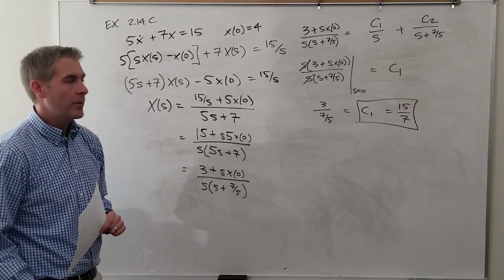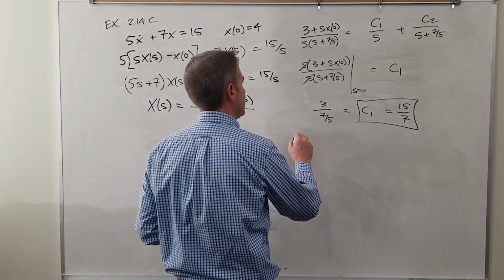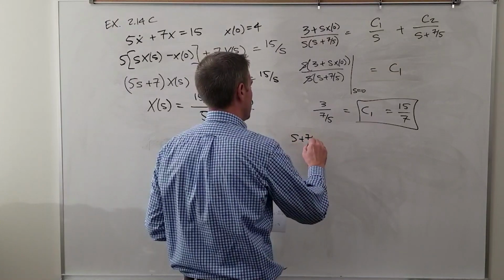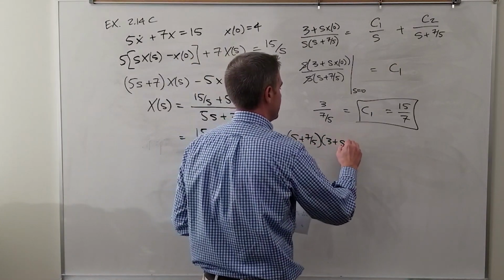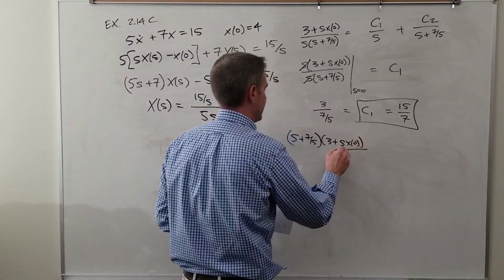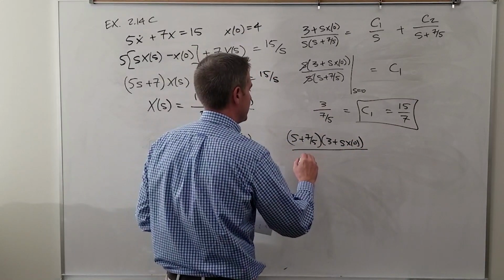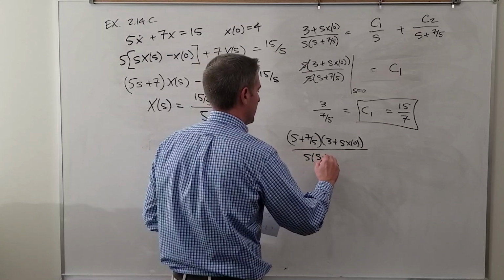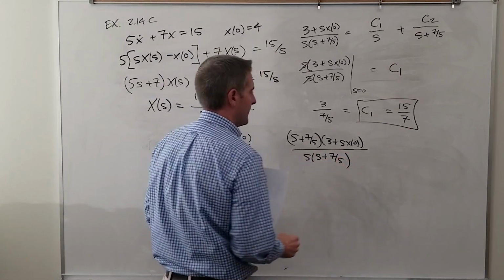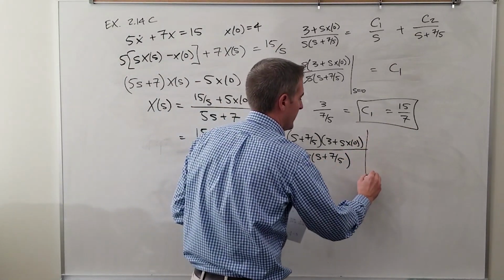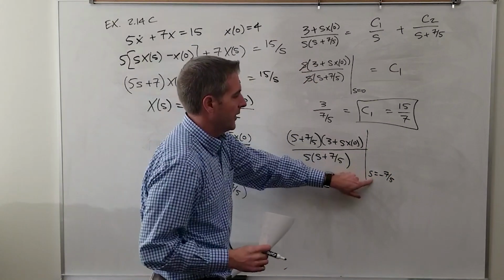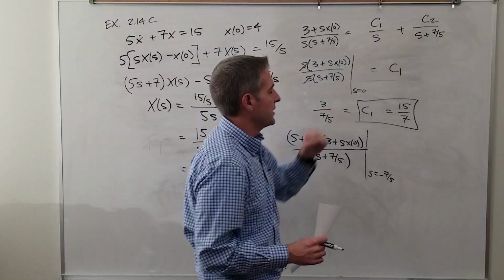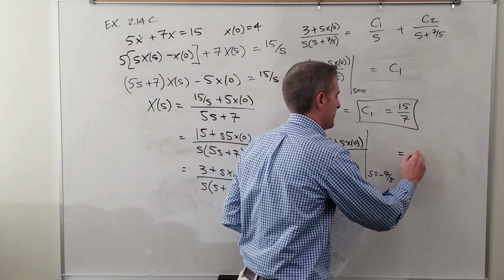Okay, let's do the same thing for C2. This is all going to be when s equals minus 7/5, the value of s that would make this denominator equal to 0. That's going to be equal to C2.